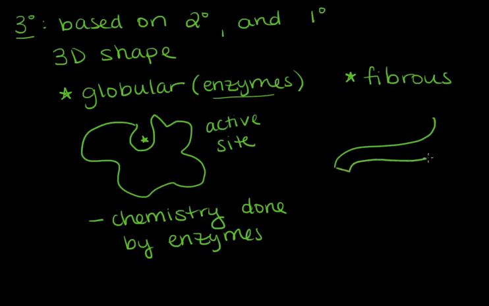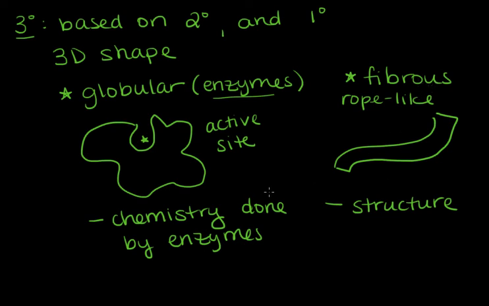And so there's a whole bunch of maybe alpha helices interacting here. And what these are for, because these don't have an active site. You see, here's an active site, no active site here. What these are for is these are for structure. So this is what your cytoskeleton's made of. Fibrous, like long, these are rope-like proteins. So these are used for structure, like the cytoskeleton, like your hair. So when you're thinking fibrous, think of your hair.